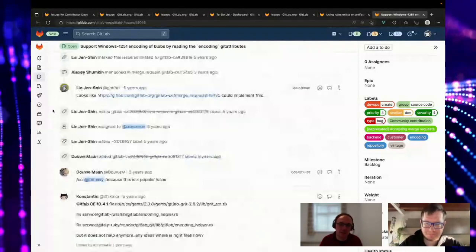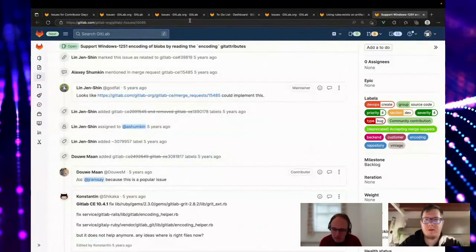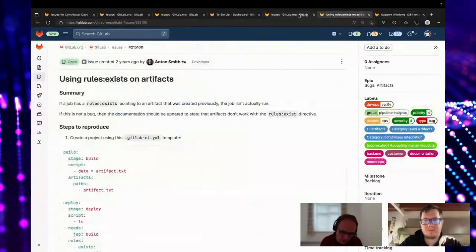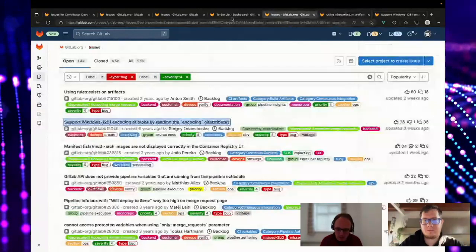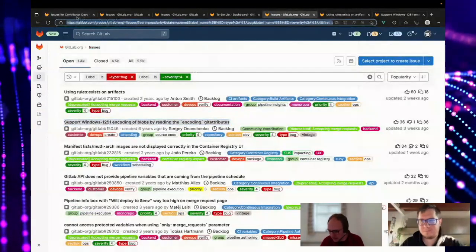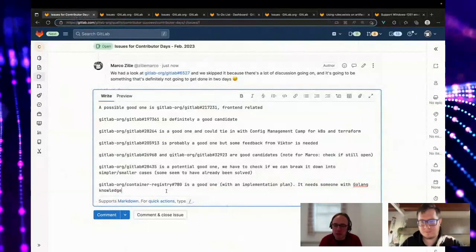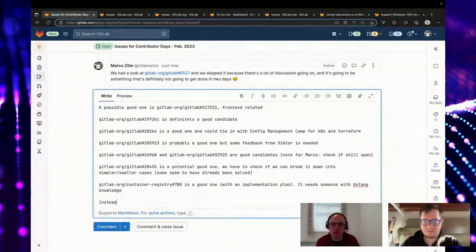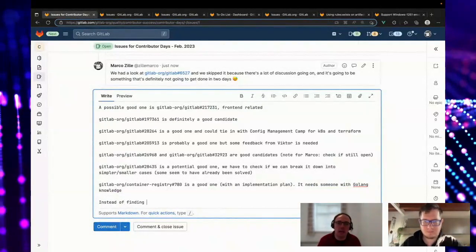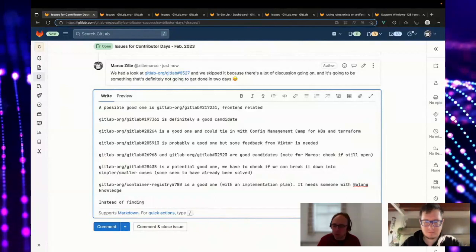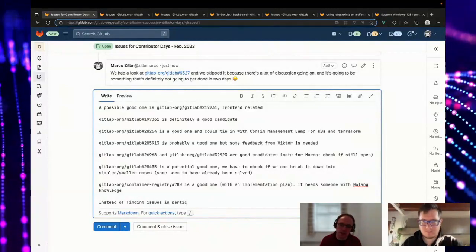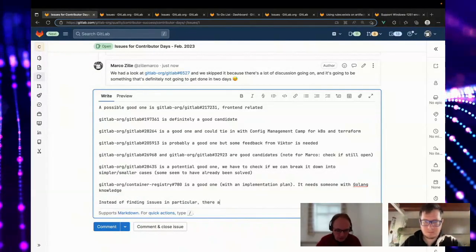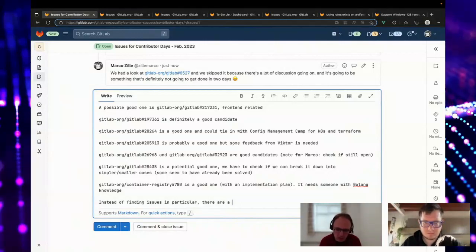So maybe a good way of tackling it is to curate a number of issues and say, right, these ones have implementation plans. Maybe these ones are good for a completely new contributor who needs a little bit more stepping through of the code.